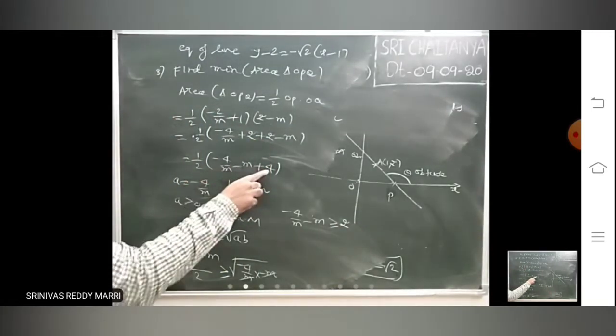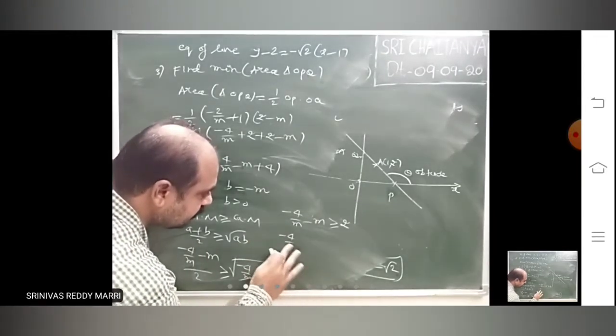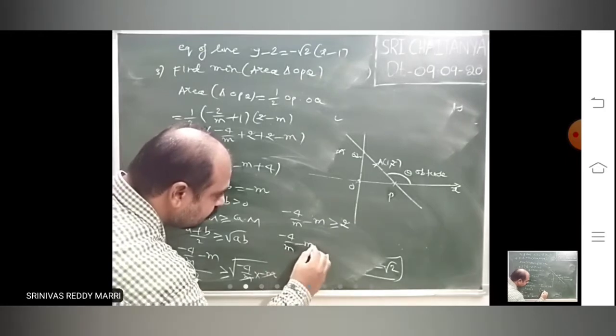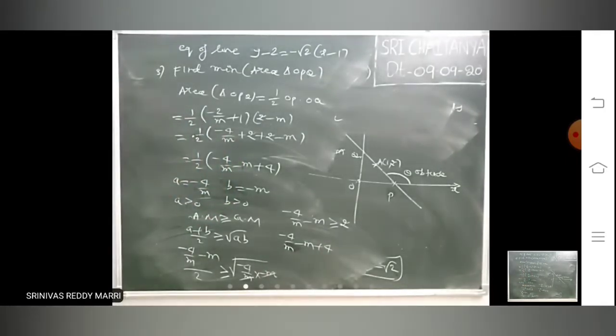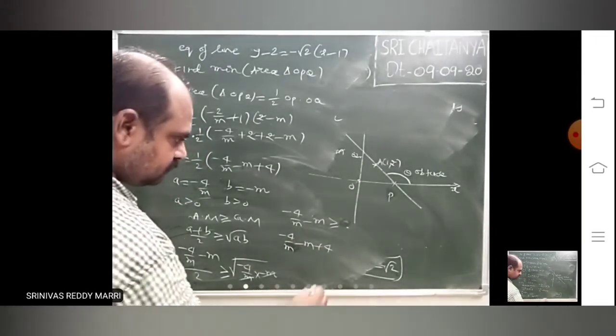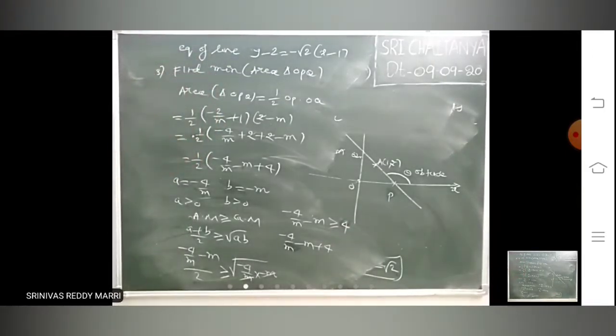Now look at this quantity, plus 4 is there, add 4 on both sides. So this 2 into 2, 4 only, okay, 4. 2 into 2, 4.